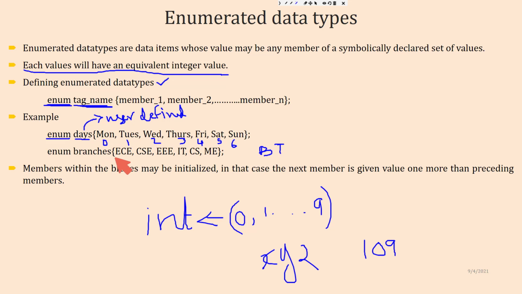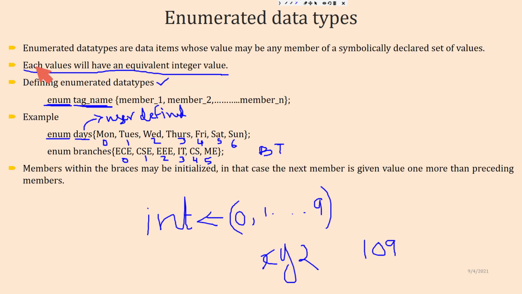Similarly here ECE will be 0, computer science will be 1, EEE will be 2, IT will be 3, CS will be 4, ME will be 5. This is the equivalent default value. So if we didn't mention any corresponding integer value, the value starts from 0.